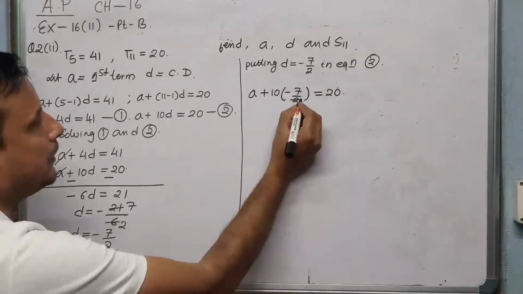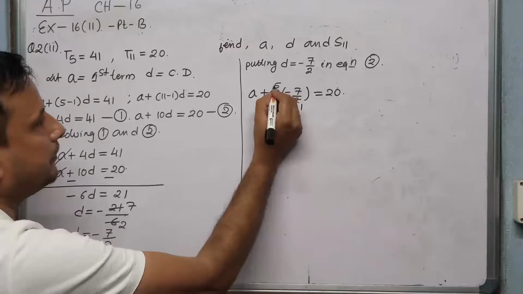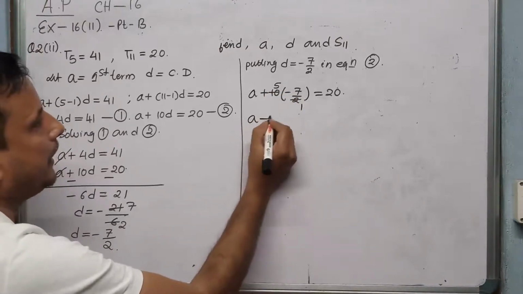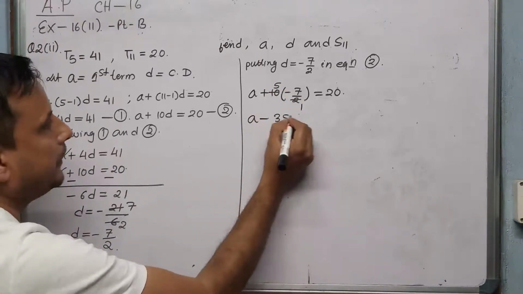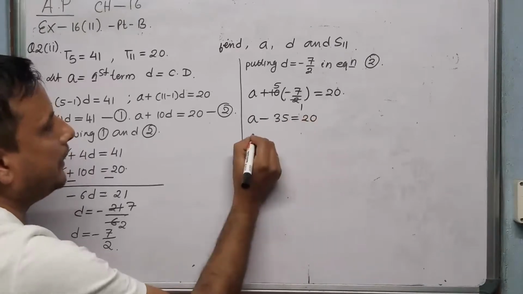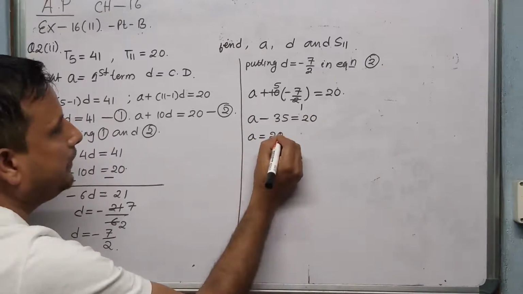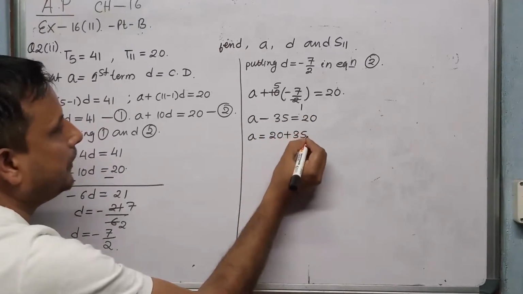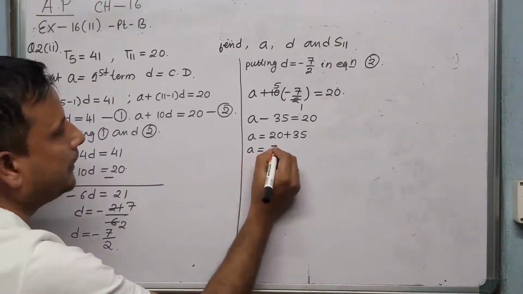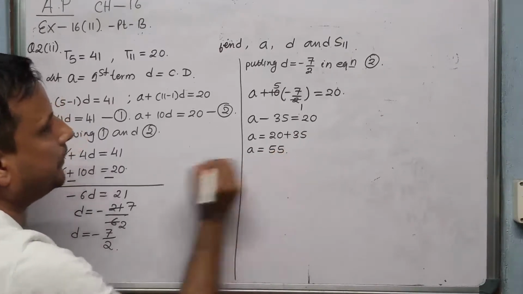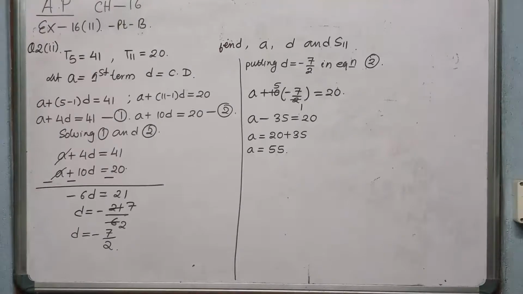Now 2 1s are 2, 2 5s are 10. Minus 7 5s are 35 equals 20. Then A is equal to 20 plus 35. 20 plus 35 is 55. The first term is 55, the common difference is minus 7 over 2.